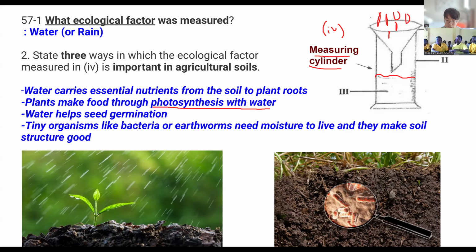They're able to live with water. Water is very essential for maintaining the plant's nutrition. Water helps seed germination as well, like we've seen with coconut seeds, right? And tiny organisms like bacteria and earthworms need moisture to live. So it supports other factors that benefit the soil as well. That's why water is very important in agricultural soils.